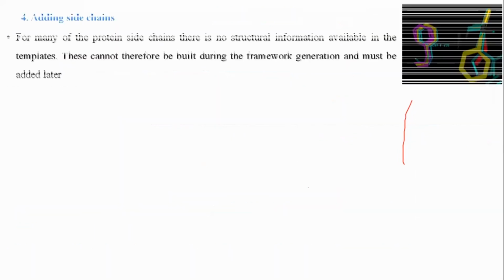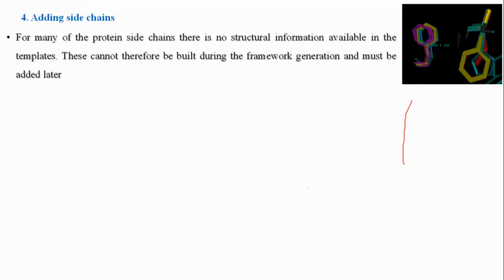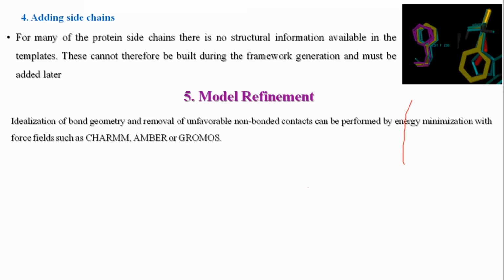Okay, and then side chains. Similarly, the side chain information from the template coordinates will be generated for the target, and then the model will be refined. The refinement of the built model will be done by an energy minimization process.